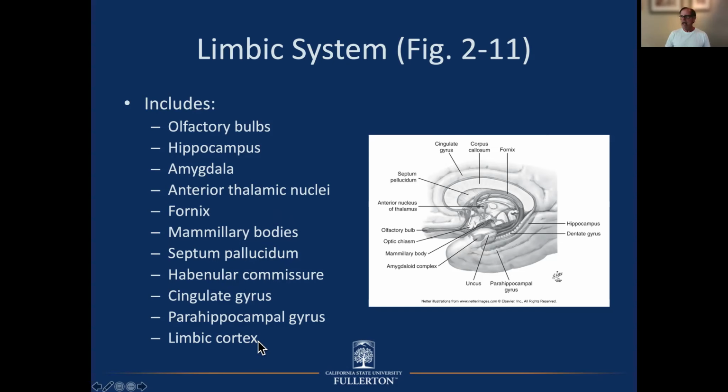Now, I'm not going to ask you to label those. I'm only going to ask you to know that those structures are part of the limbic system, to know that they're deep in the cerebrum, and to know the general functions that they're associated with.